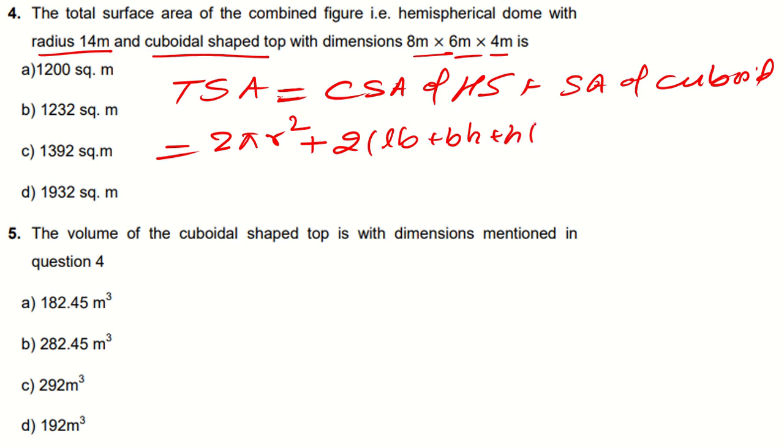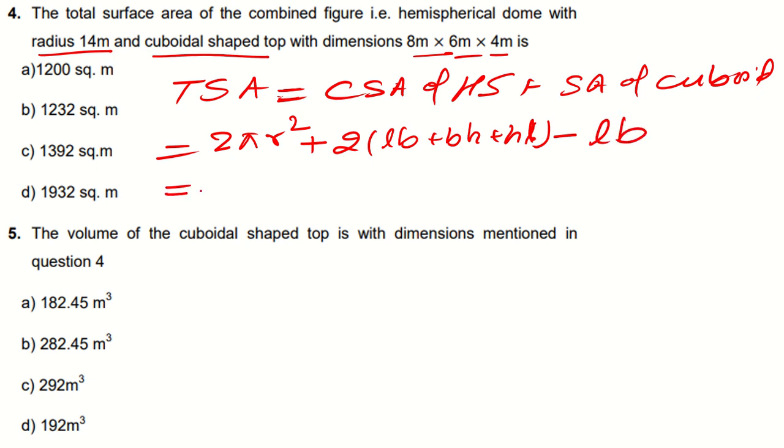This is okay, but if you see the picture, we cannot see everything there, because the bottom of the cuboid is not visible, so you will have to subtract it. So it will be minus LB.